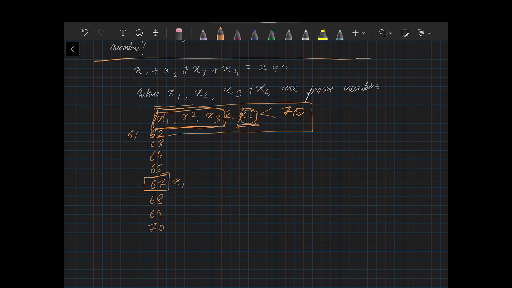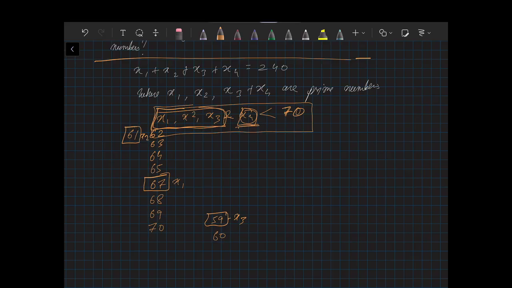Yes, I think 61 is a prime. Okay, so we found x2. Then we get to 60. Not a prime. 59, yes, it's a prime. Okay, so we found out the 3 primes.